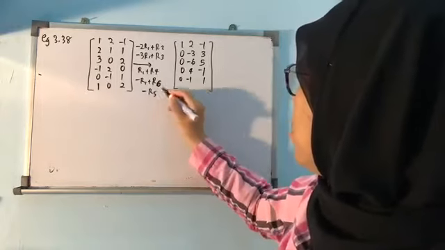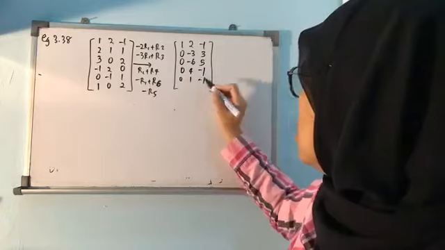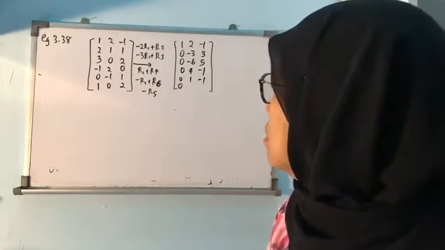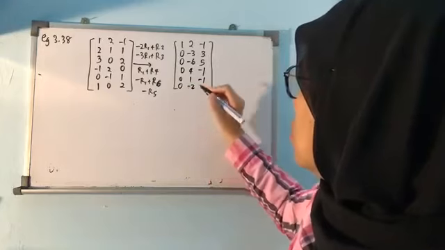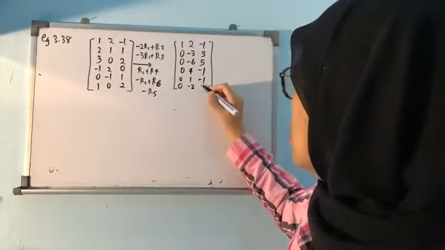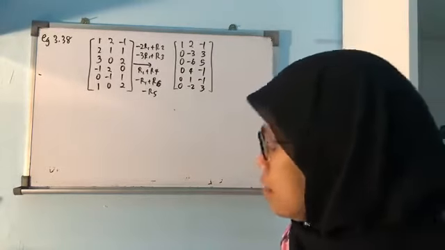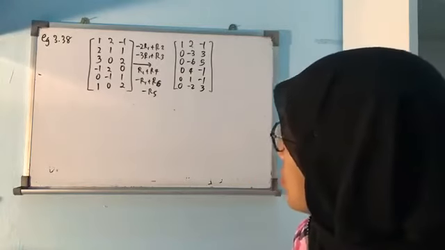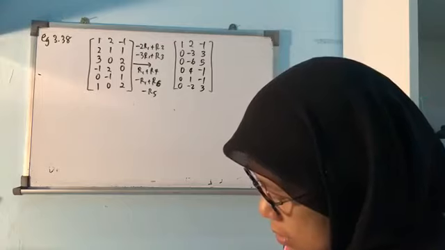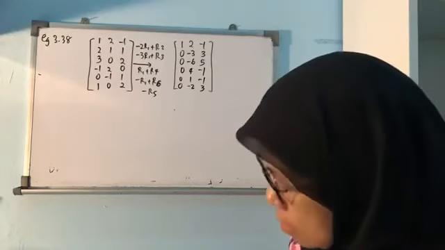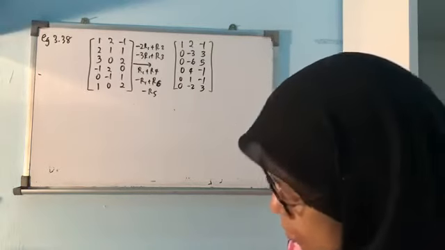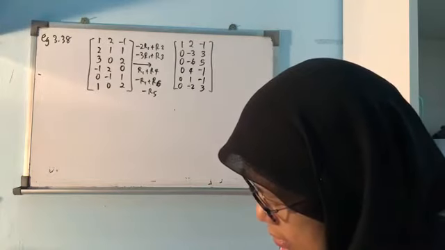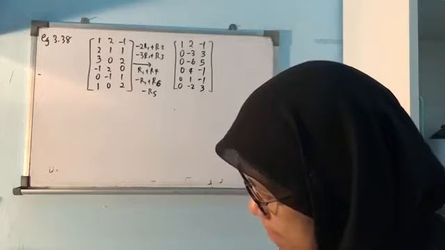Negative row 5 directly. Okay, 0. Negative 2. 3. Okay, let me change it a bit.